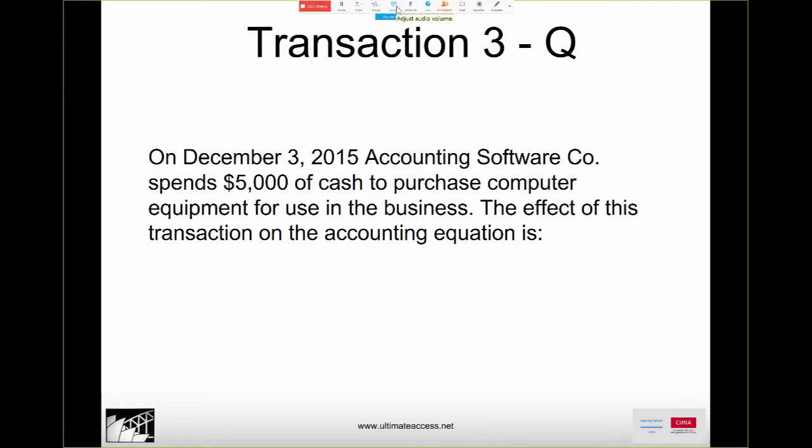What is the debit and what is the credit? Yes, purchases debit, credit cash. No, not purchases. So what is the debit and what is the credit?